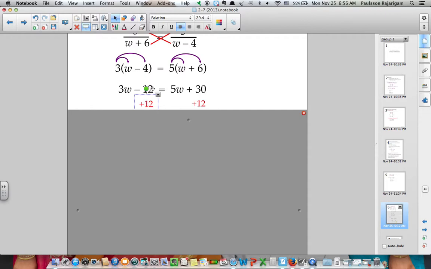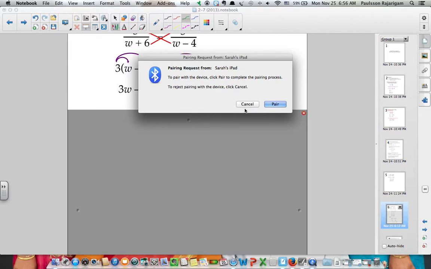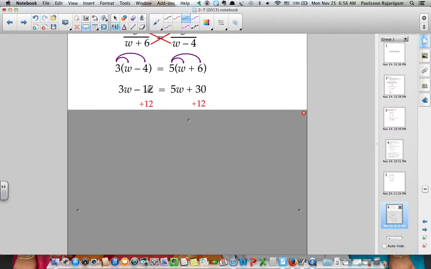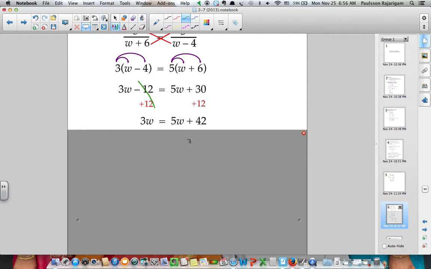And these two cancel out. And I have 3w equals 5w plus 42.